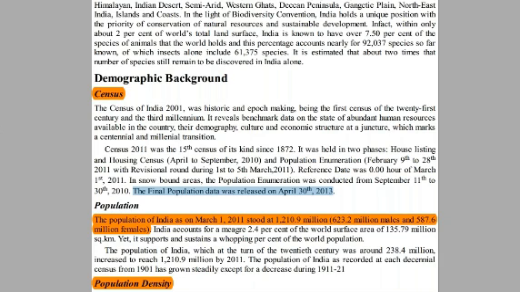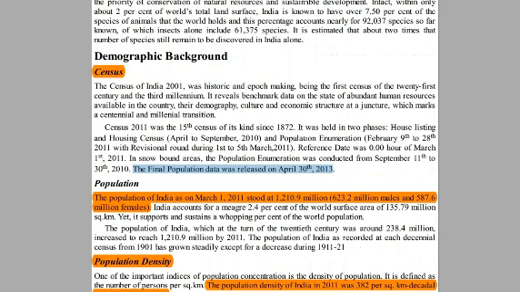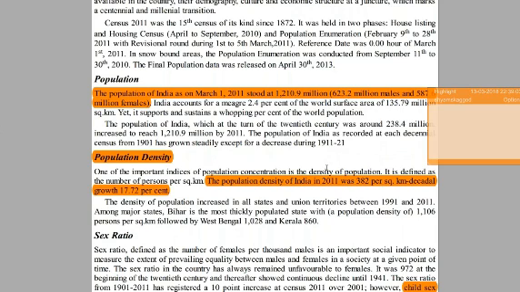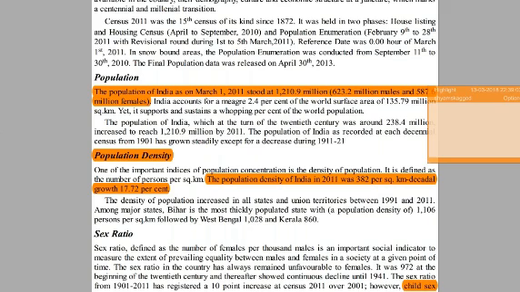Basically, as per this 15th census, that is the census 2011, the population of India as on March 2011 stood at around 1.21 billion, of which 623 million were male and 587 million female. The population of India as recorded at each decennial census from 1901 has grown steadily, except for a decrease during 1911 to 1921.